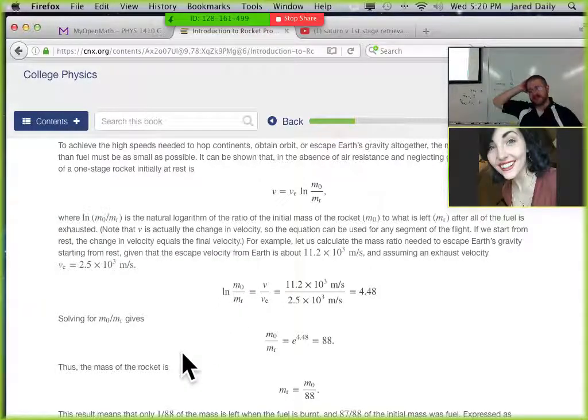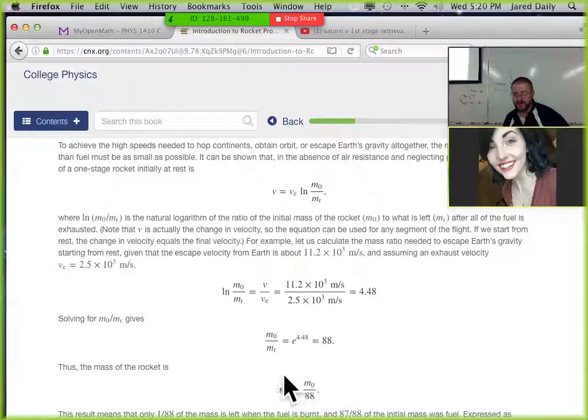You can use this equation in a couple of different ways. One of the ways they show us right here is that you can solve for the mass of the rocket. If you raise this side to the natural exponential, you get the initial mass over the residual mass equals e to the 4.48.